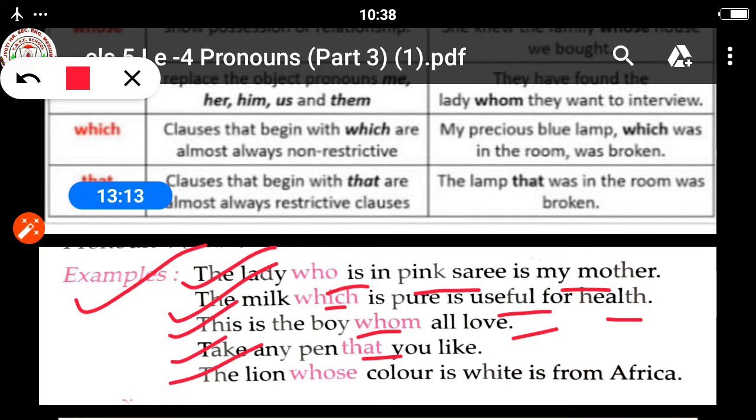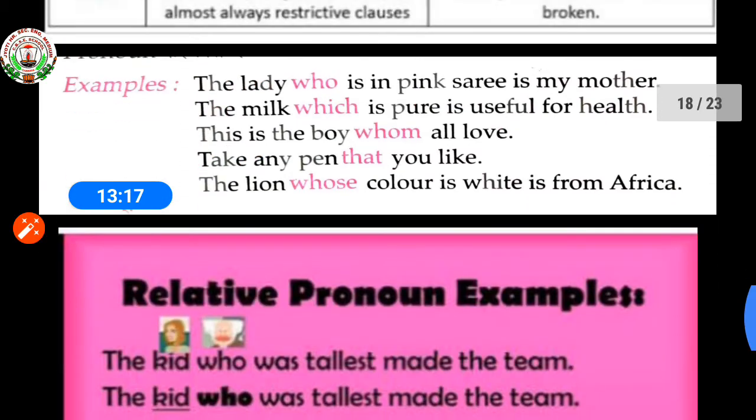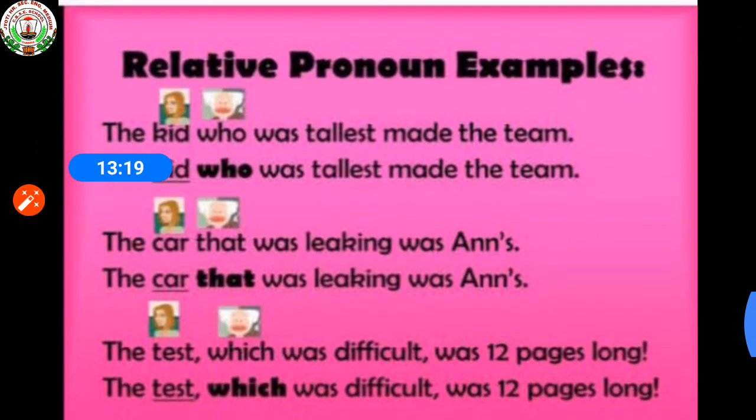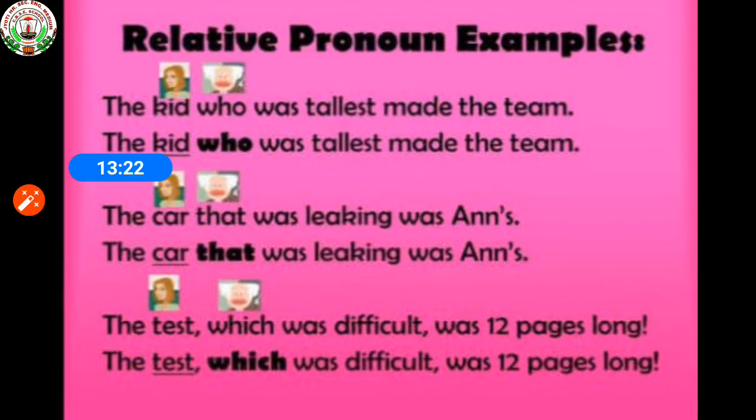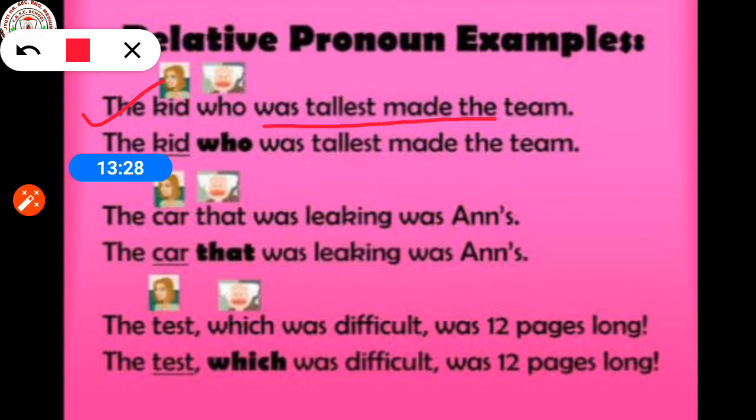You just see more examples about relative pronouns. The kid who was tallest made the team. This particular word who relates these two sentences.